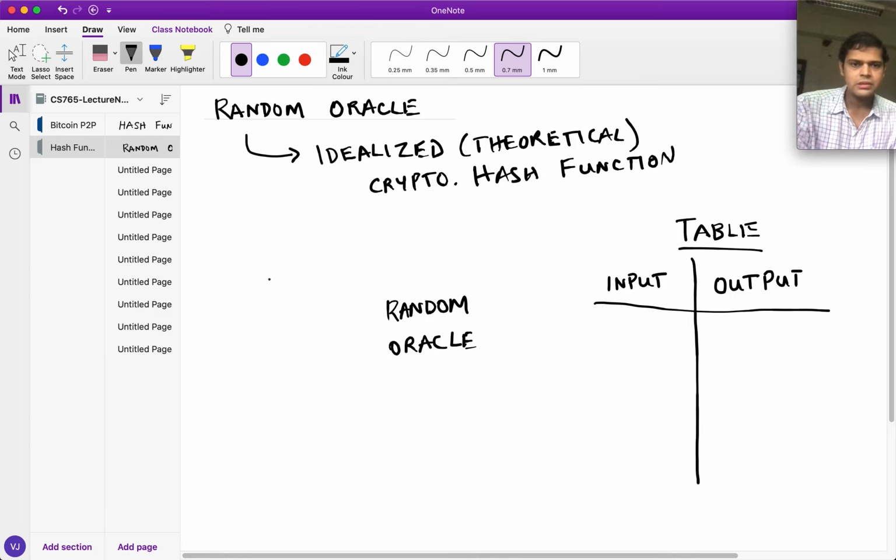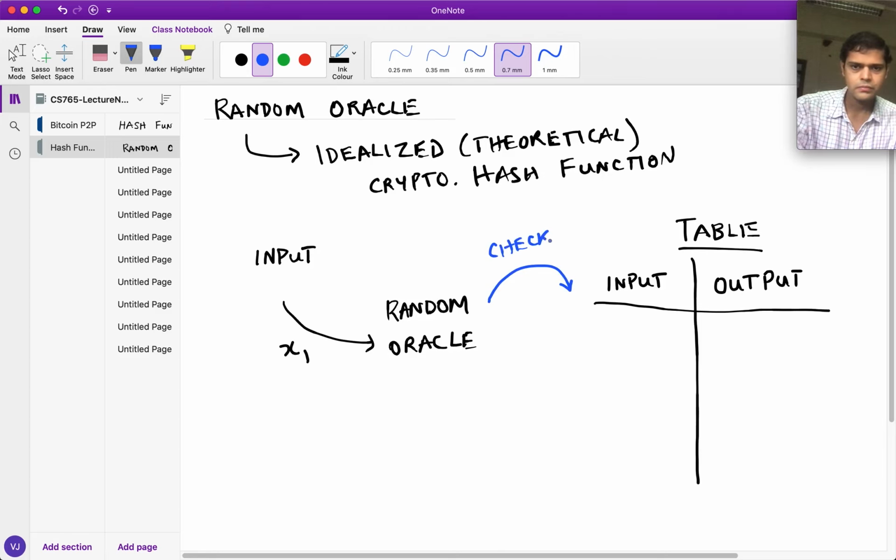So suppose somebody gives it an input, let's say some x1, some bit string. What the random oracle does is it first checks whether x1 is in the table, whether it is there in the input, and it's not there in this case. Let's say that the table is empty.